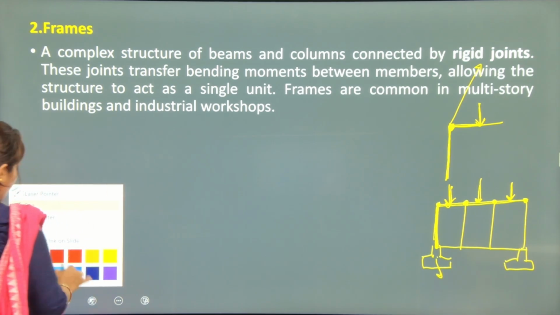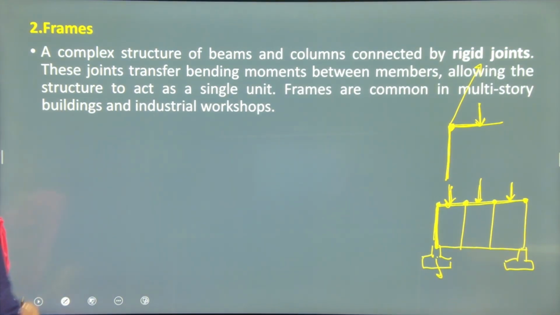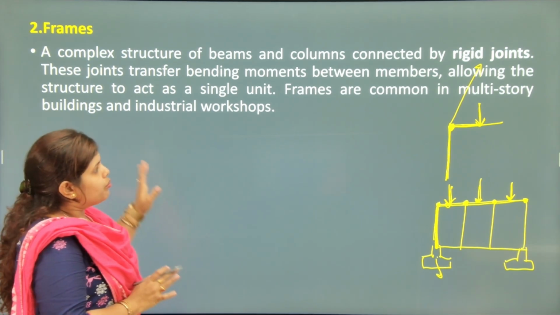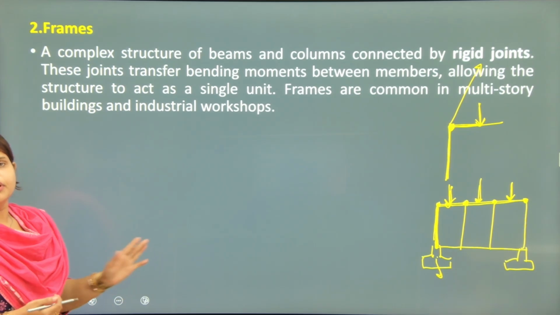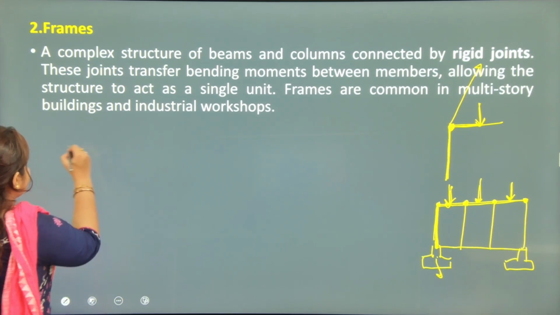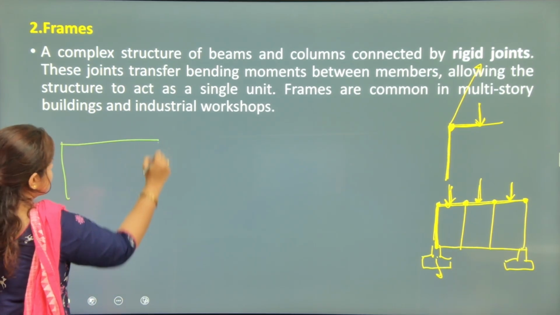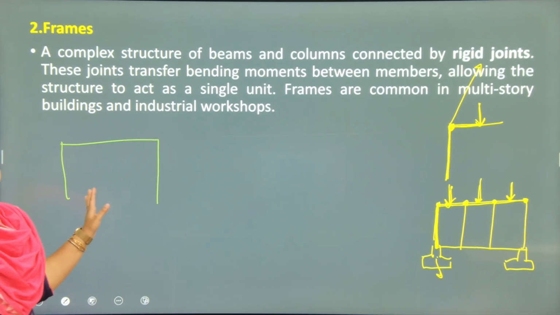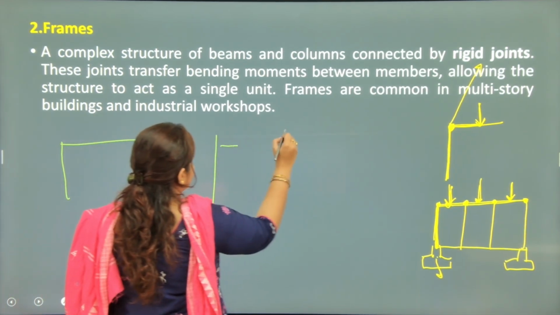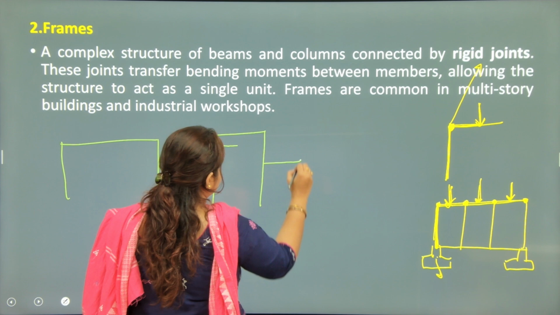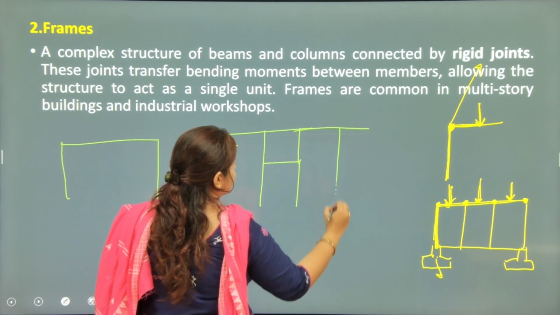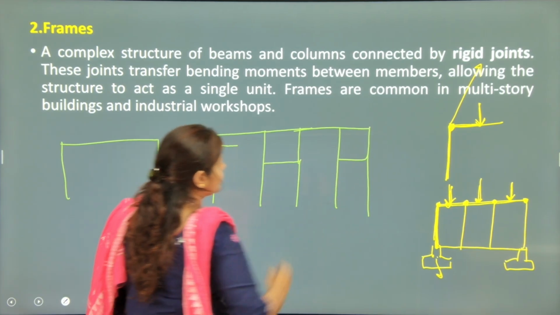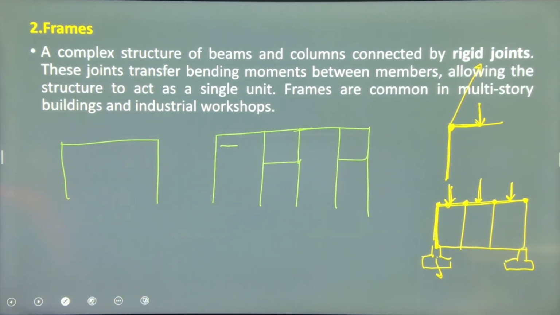We just need to know what a frame is. The frame must be a connection of beam and column. If we connect like this, this is also a frame, and this is also a frame.